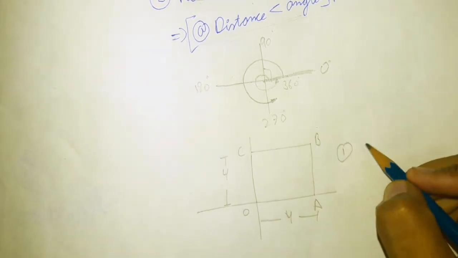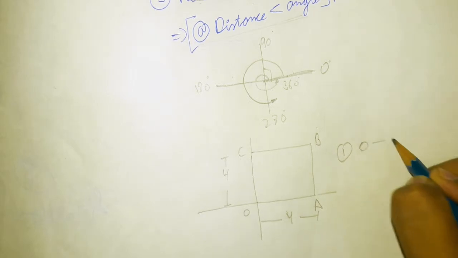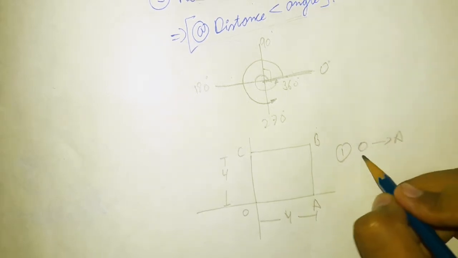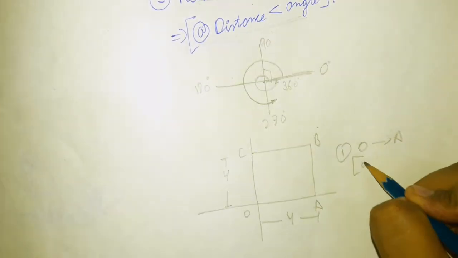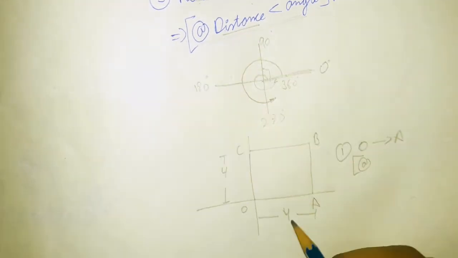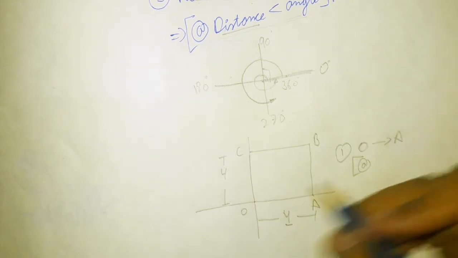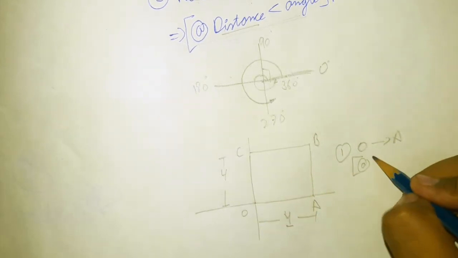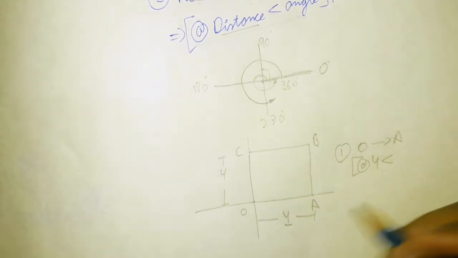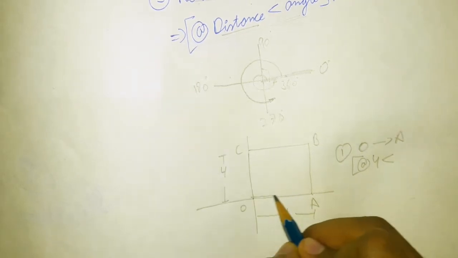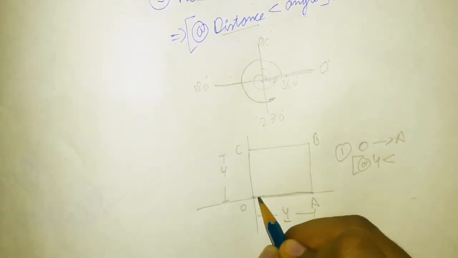First is our O to A. At the rate distance 4, moving from O to A is 4 greater than, this is a 0 degree angle.